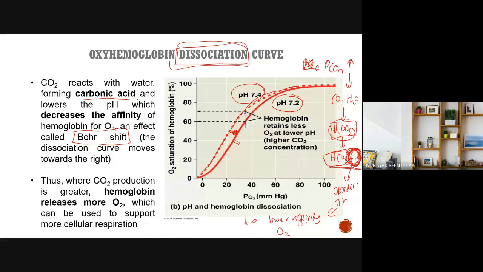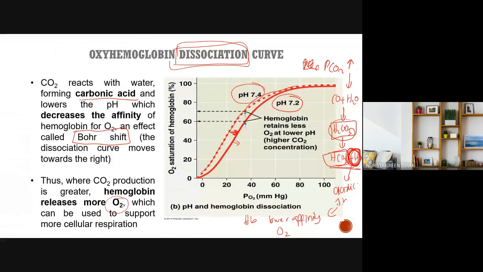Okay, so thus carbon dioxide production is greater. Thus, where carbon dioxide production is greater, hemoglobin releases more oxygen, okay, which can be used to support more cellular respiration. Faham? Ini dalam keadaan contohnya when you are exercising, okay. When you are exercising, you produce more carbon dioxide.